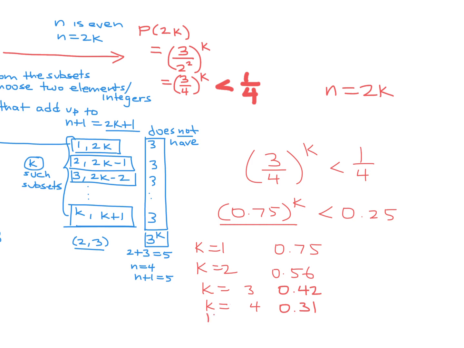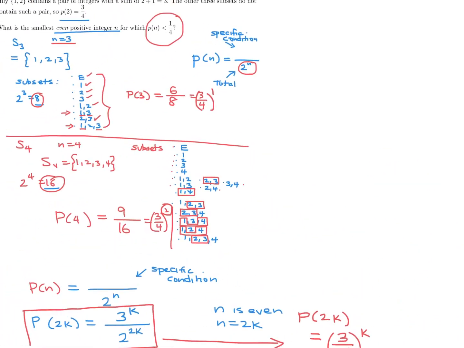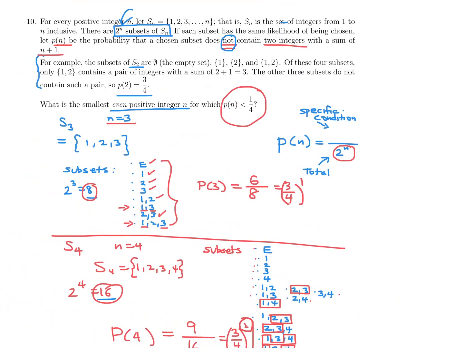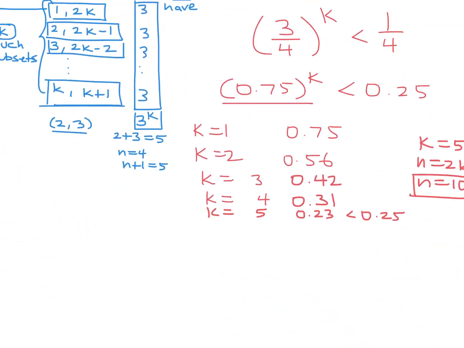And when k is 5, I think this is the one that does it. 0.23. So this is less than 0.25. So that happens when k is 5, and if k is 5, since n is equal to 2k, n is equal to 10. And I think that's what they wanted, right? They wanted, yeah, what is the smallest even positive integer n for which Pn is less than a quarter? And therefore, the answer is n equals 10.